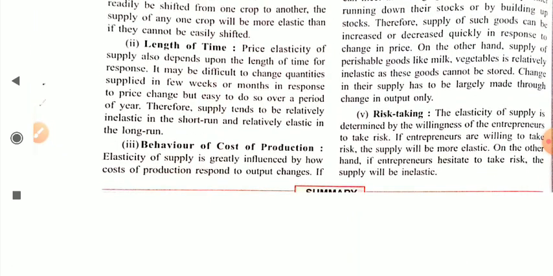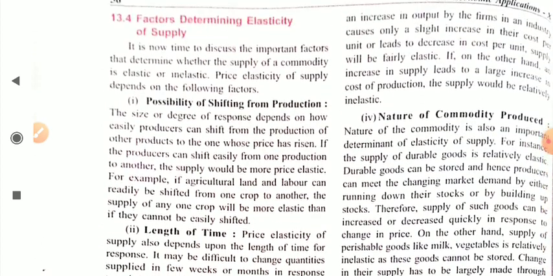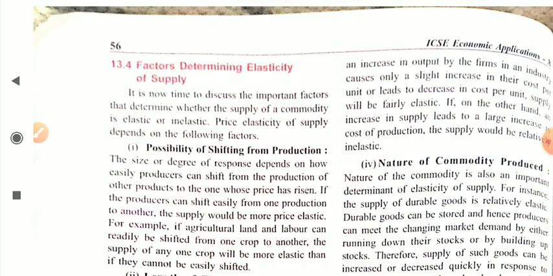Elasticity of supply is greatly influenced by how cost of production responds to output changes. If an increase in output by the firm in an industry causes only a slight increase in cost per unit or leads to a decrease in cost per unit, so supply will be fairly elastic. Be careful, the inputs we have are land, labor, capital.